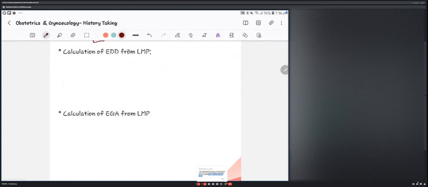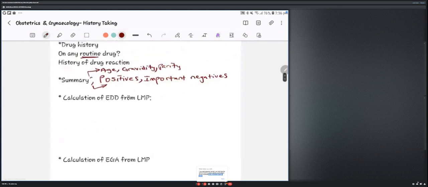All right. So when we talk about EDD from LMP, what is EDD? EDD is estimated, or expected, date of delivery, when she's expected to deliver.